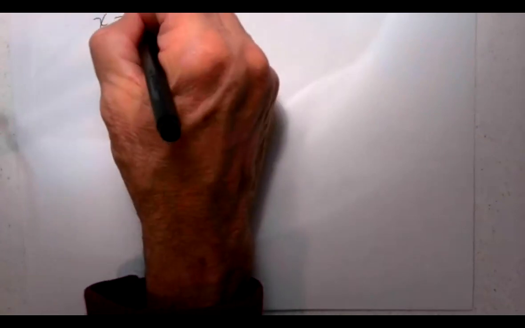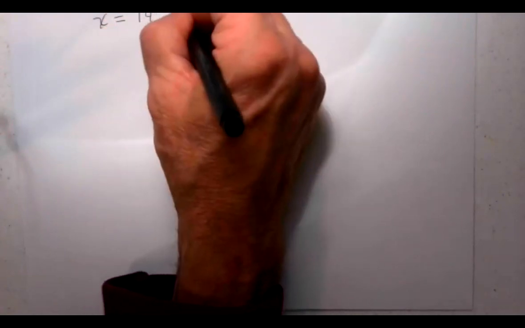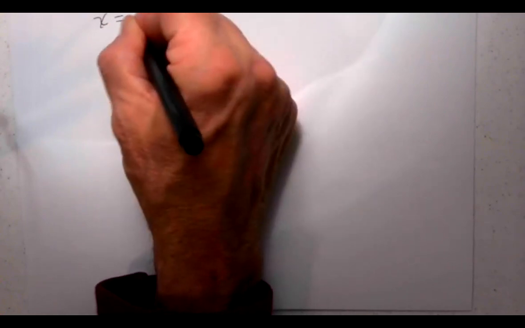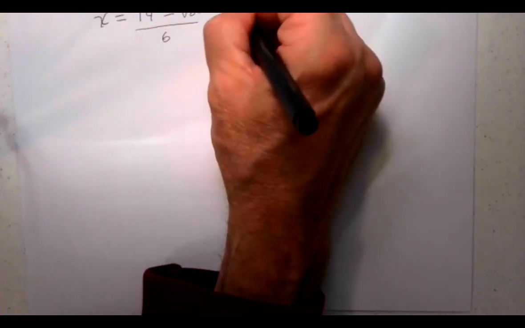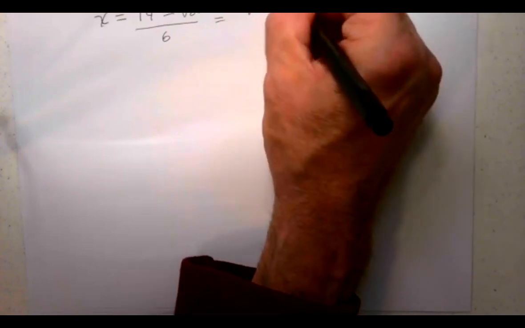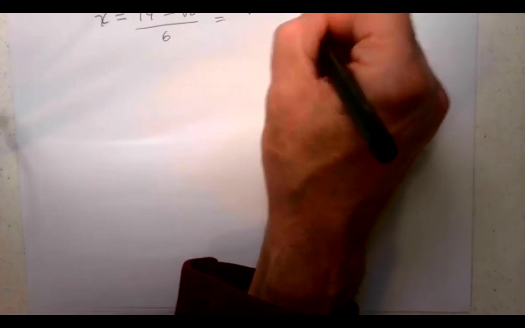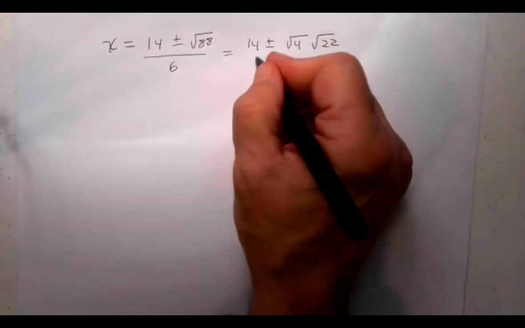x is 14 plus or minus root 88 over 6, which is 14 plus or minus root 4 times root 22 over 6.